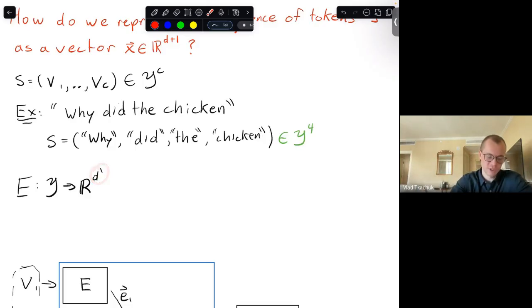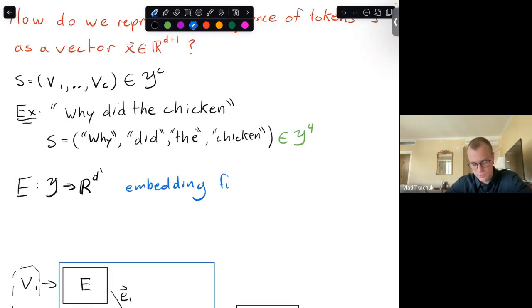So we take each token, map it to a d prime dimensional vector, and then concatenate all those vectors into one vector. This is called an embedding function.